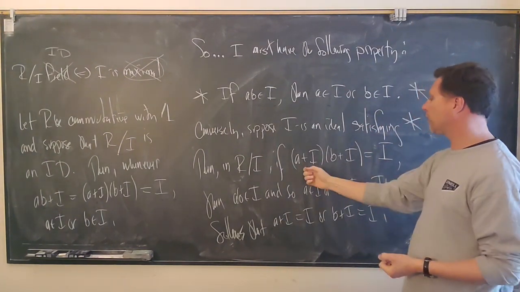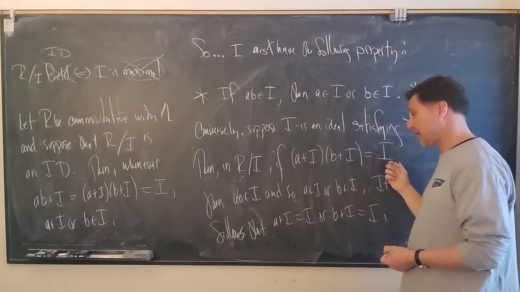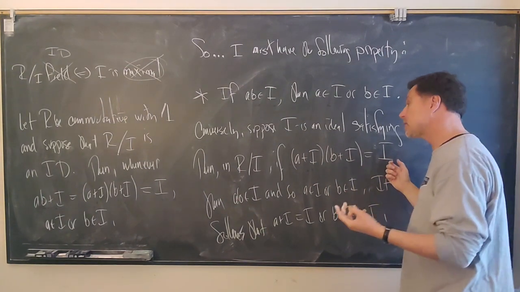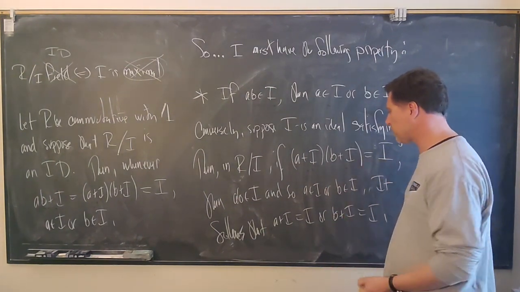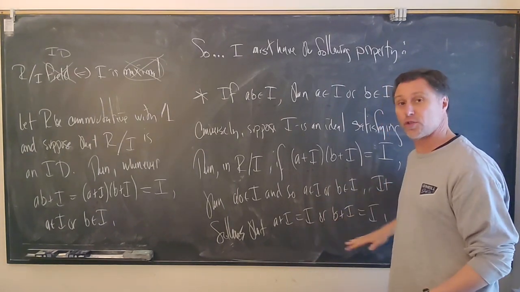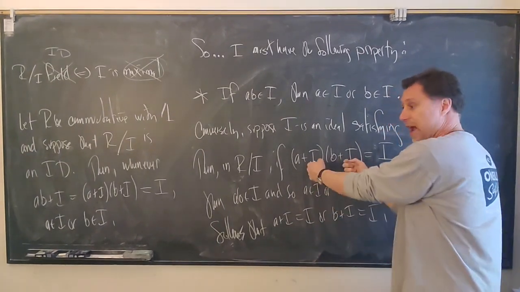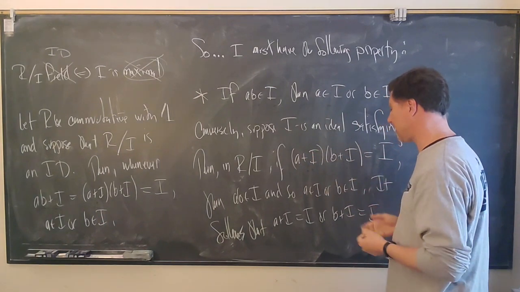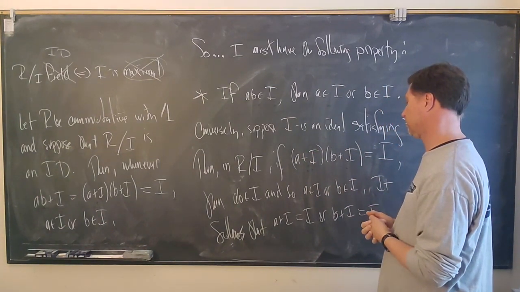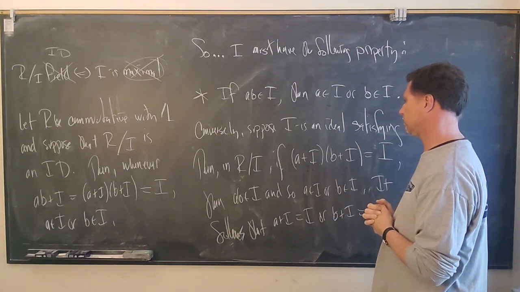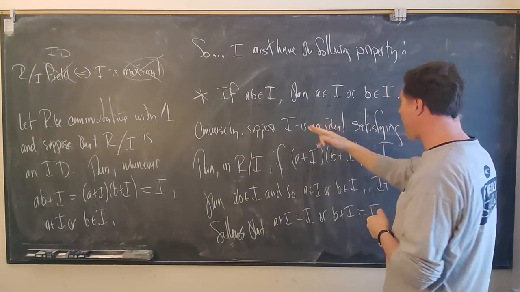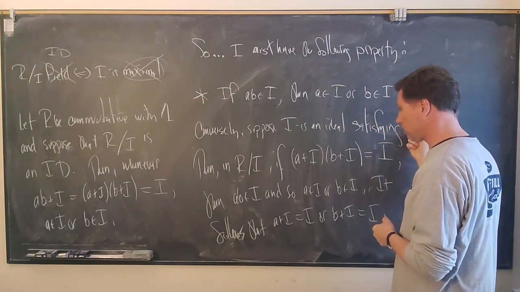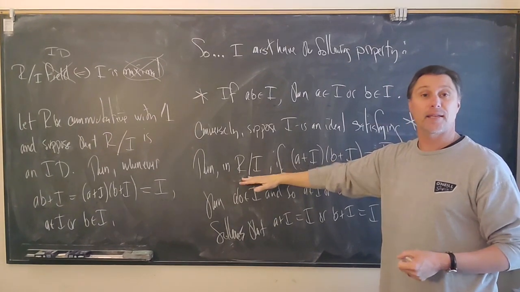So if I satisfies this property, and then we take a couple of cosets and multiply them, we get the identity. Because of this property, it forces us to conclude that one of those two cosets, one of the two factors here, had to be the identity in the first place. In other words, if I satisfies property star, then R mod I is an integral domain.